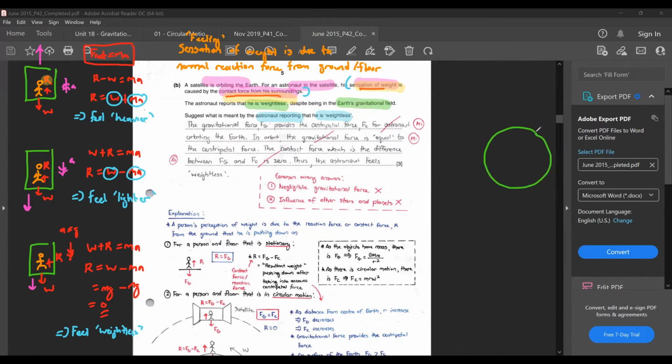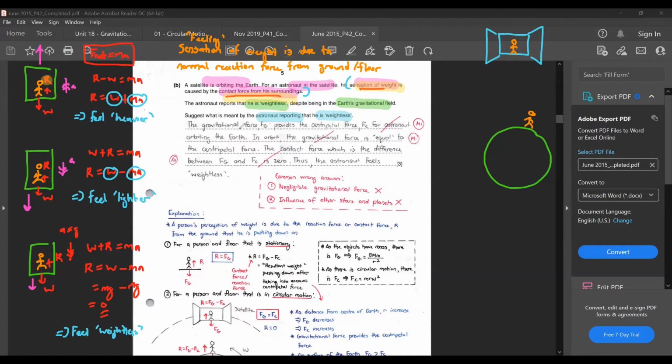So this is the Earth. Say I have a person here on the surface of the Earth. And then I have my satellite right over here, orbiting about the Earth. And again, I have the person on the satellite.